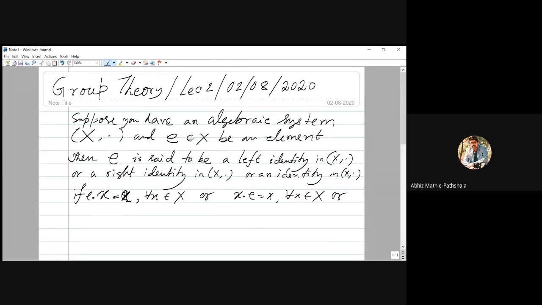Or for the identity case it must satisfy that e is both a left identity and a right identity.